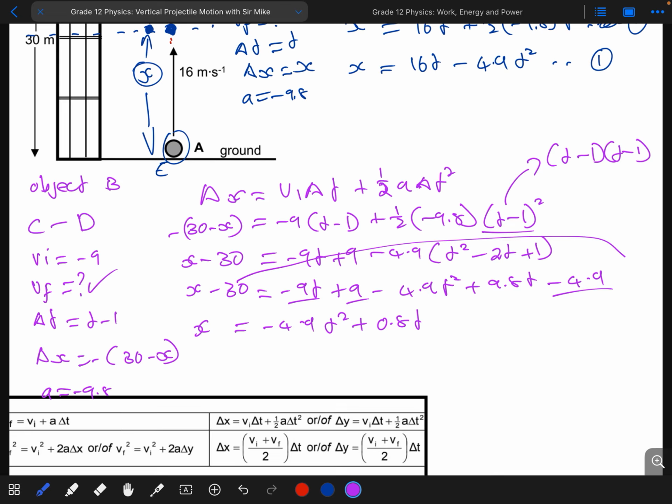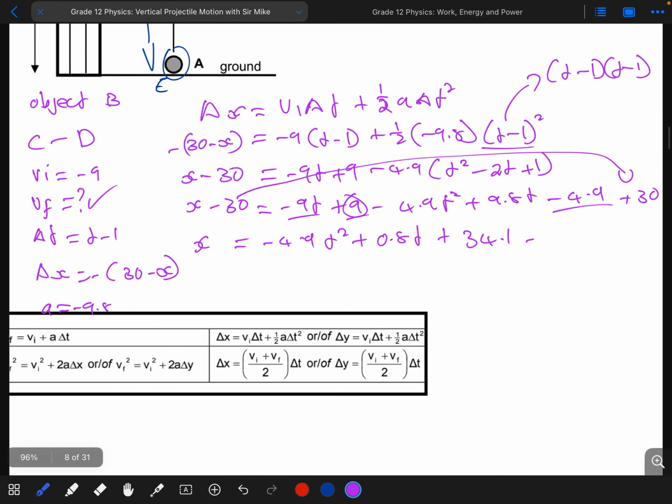Plus this one: remember that when it goes to the other side it becomes 30. If I take 9 plus negative 4.9 plus 30, I simply get positive 34.1. So this simply becomes my equation 2.